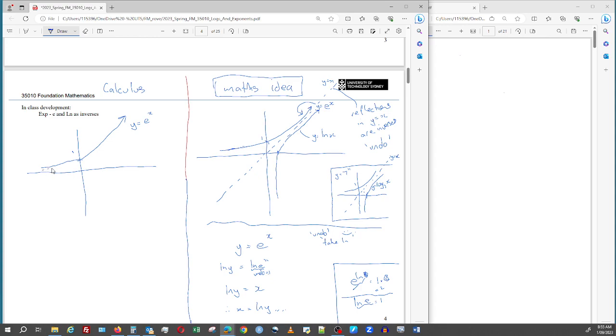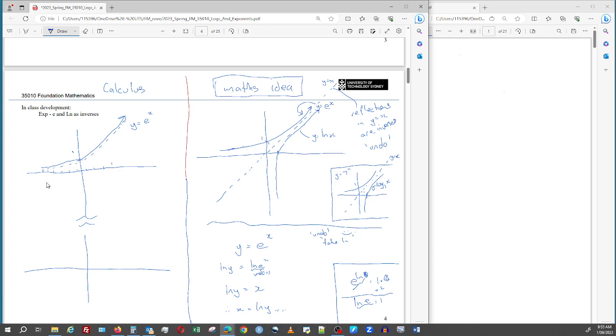Can you do this? What am I doing here? In the tutorial last week, I asked you to have a look at all of these x values and the corresponding value on the gradient curve. What's the corresponding value on the gradient curve?